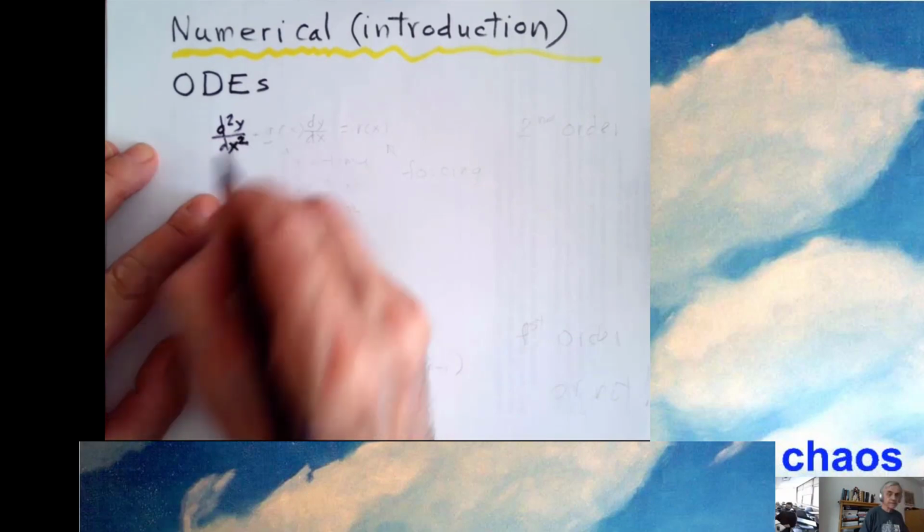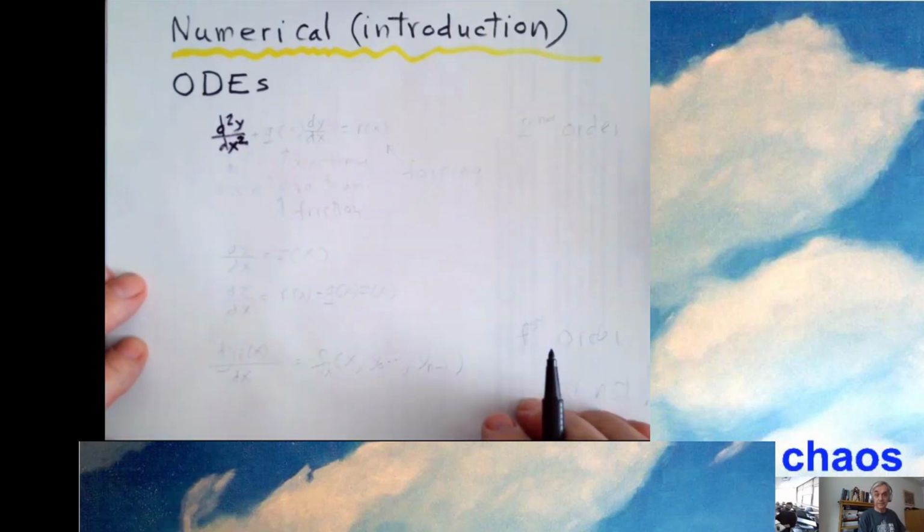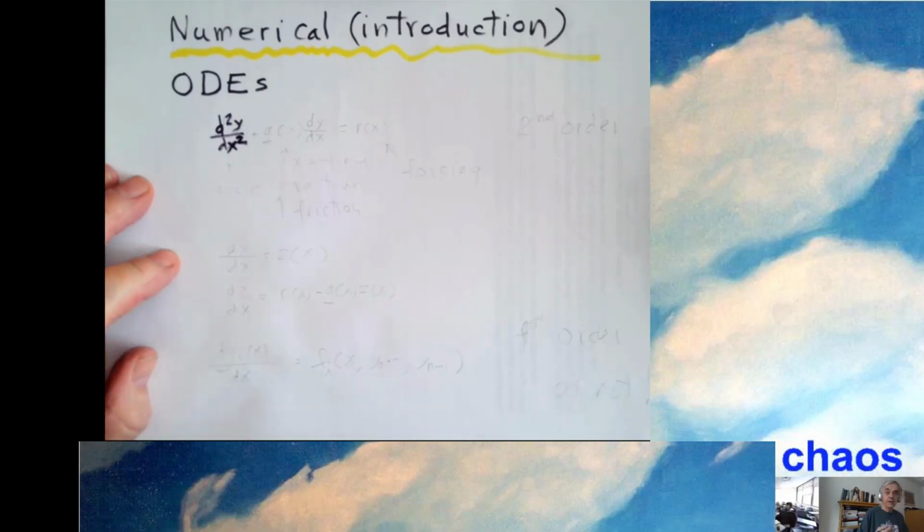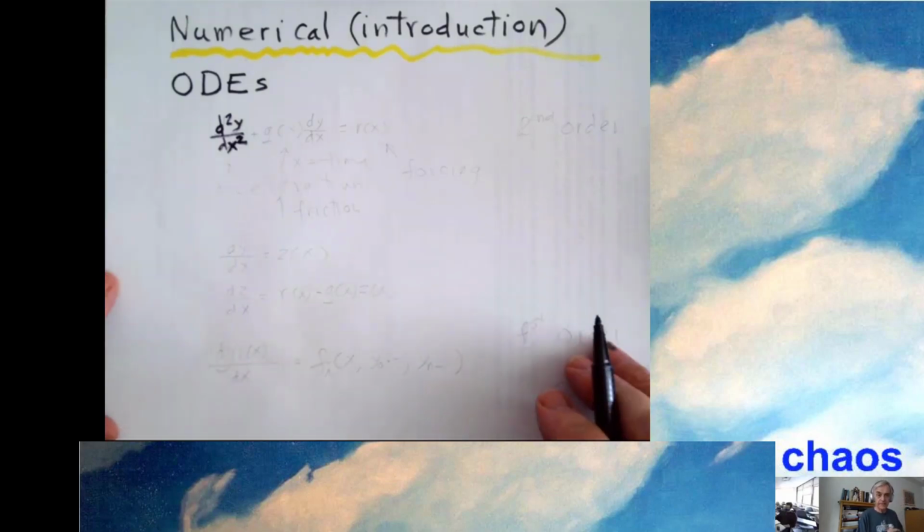So second derivative of my position, meaning, end of a spring or a mass hanging on something, with respect to time, is called acceleration. First derivative is called velocity. So lots of problems, lots of good physics problems have this form.